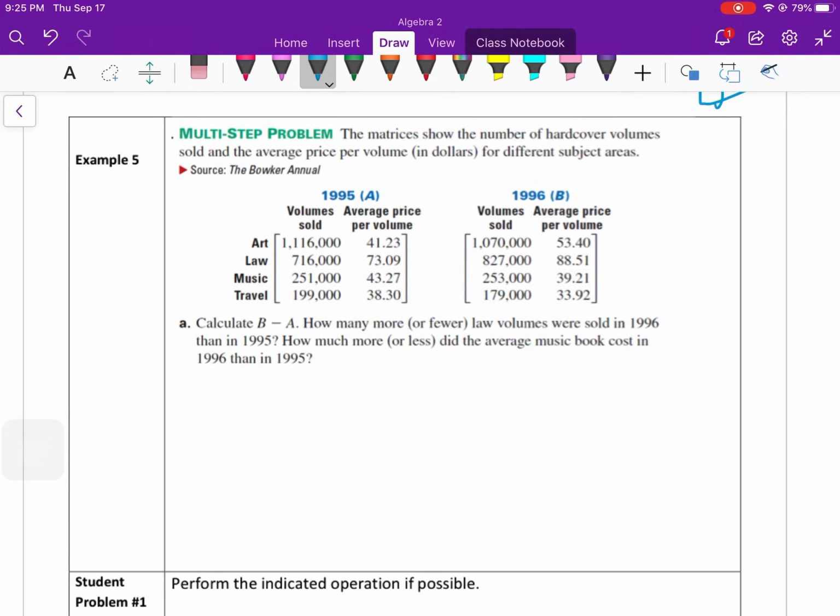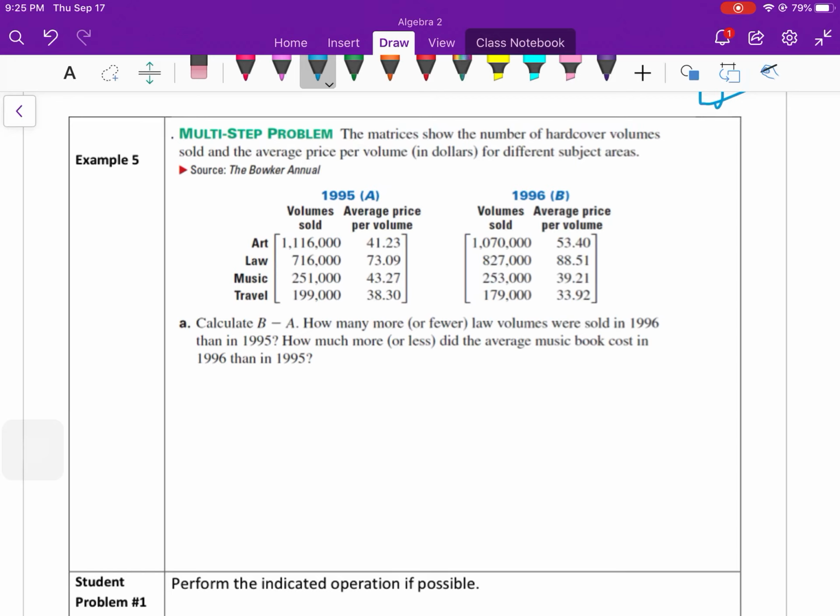Okay, last one. The matrices show the number of hardcover volumes sold and the average price per volume in dollars for different subject areas. Calculate B minus A. How many more or fewer law volumes were sold in 1996 than in 1995? How many more or less did the average music book cost in 1996 than in 1995?